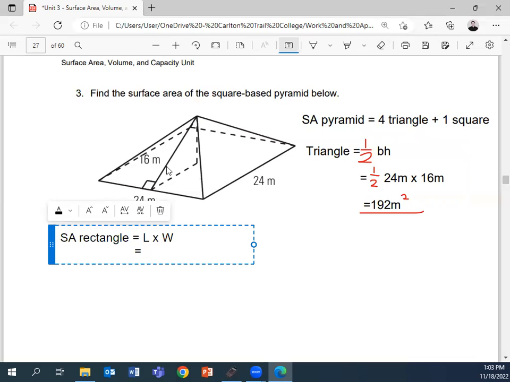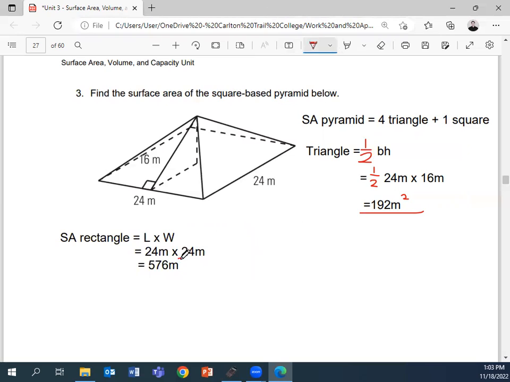Isn't 16 the height of the triangle? That's how high the pyramid goes up. Oh, 24. 24 times what's my width? 24 meters. So we actually have a square. For once in the class, we have a square. 24 times 24 should give me 576 meters squared. Okay.